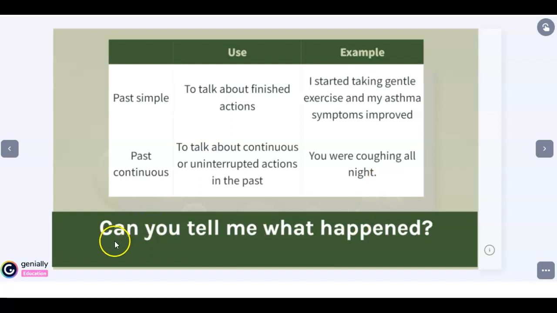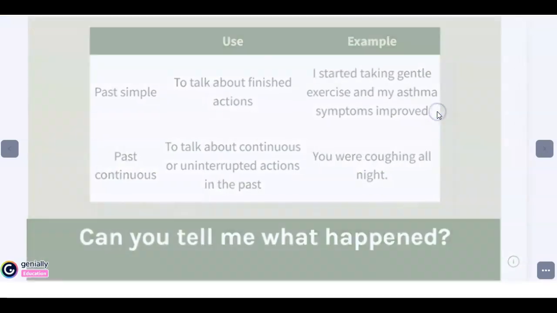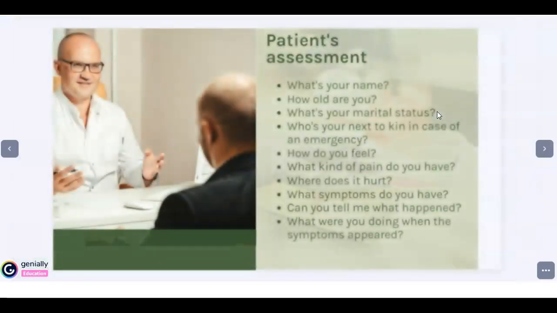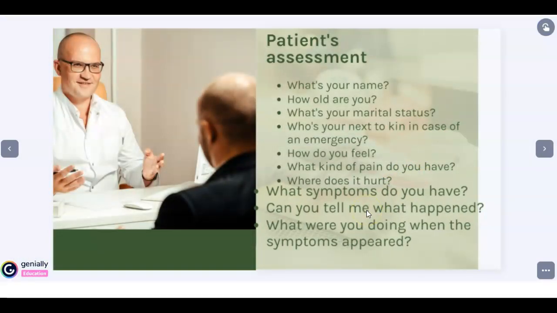And normally we can ask the question, can you tell me what happened? Or as we checked in one of the previous slides, what were you doing when the symptoms appeared? Because you know that sometimes it is like a little accident. Can you tell me what happened? Or sometimes it is because we are doing an activity and then the symptoms appear.